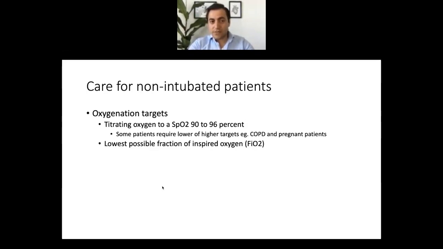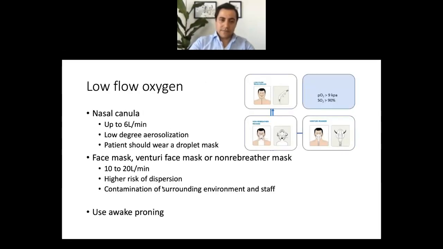Some patients do require higher or lower targets, for instance patients who have a history of COPD or pregnant patients, and those patients require higher peripheral saturations. So you should individualize your therapy at all times.